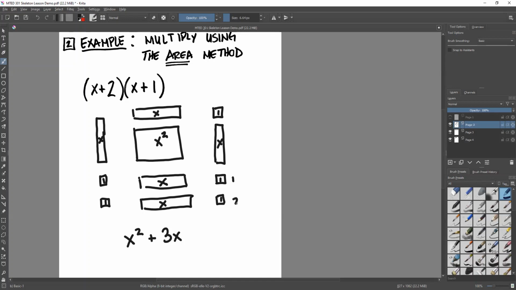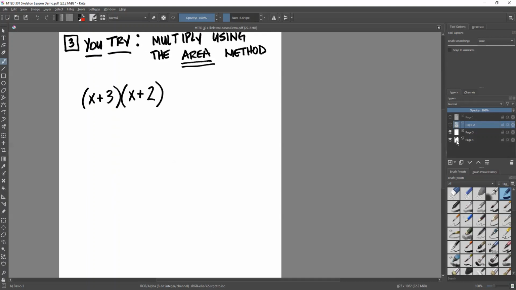We have 1, 2. So that means we have plus 2. That is our answer using an area method or algebra tiles. I want you to try this second example.